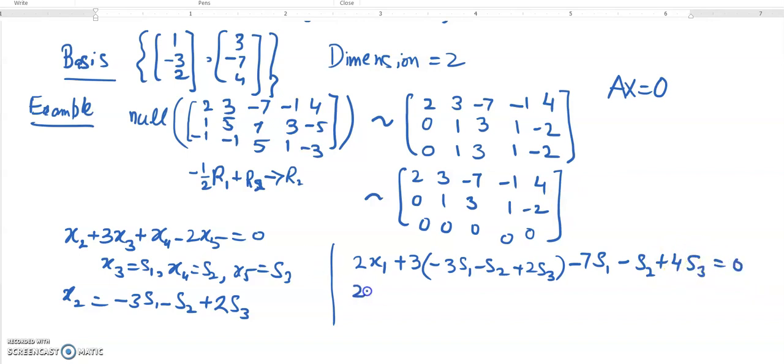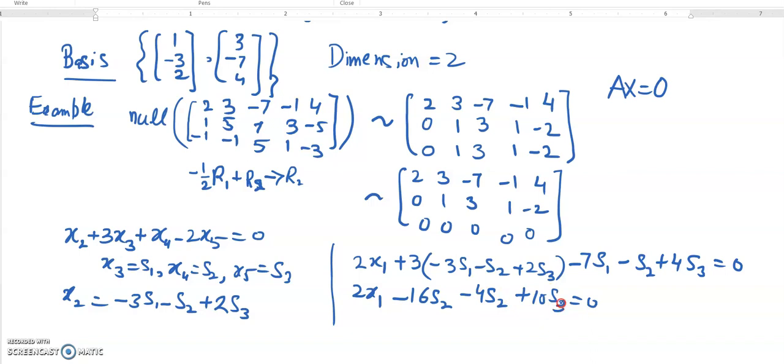So from here we get 2 x1, minus 9 s1 minus 7 s1, so this is minus 16 s1, then minus 3 s2 minus s2, this is minus 4 s2, and then 6 s3 plus 4 s3, this is 10 s3.